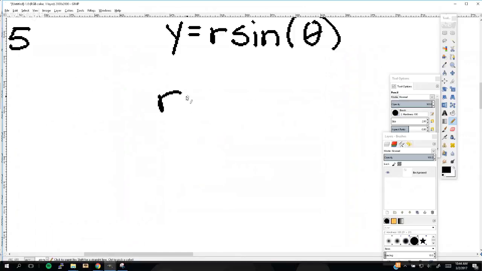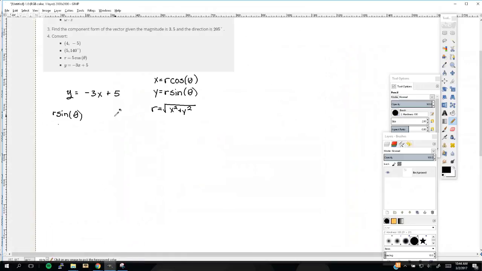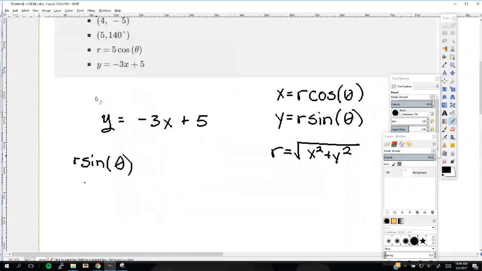Okay. Are you doing the one above it? No, I was just writing out the equations. So you do r sine of theta equals negative r cosine theta, and plus 5.